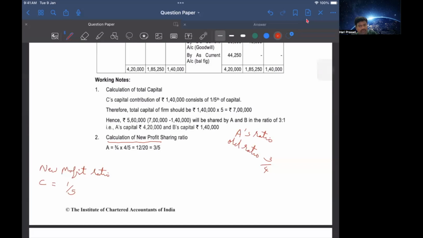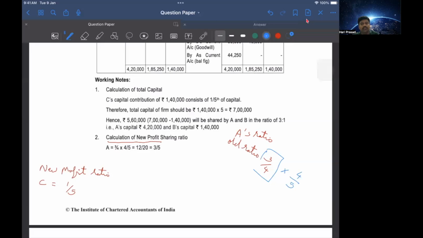Take the old profit sharing ratio of A, which is 3/4, into what I call the remaining ratio. What is the remaining ratio? The remaining ratio is 4/5.